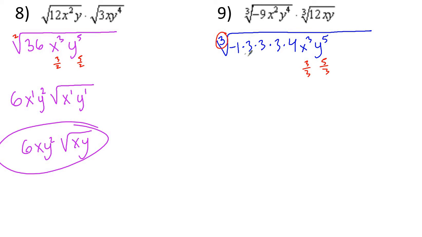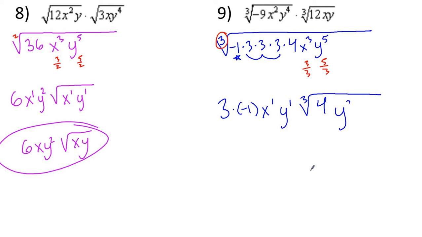We can take out 3 3's. We can take out the negative 1, and we can leave the 4 behind. Now for the x's, 3 can go into 3 one time. For the y's, 3 can go into 5 one time with 2 left over. So your answer is negative 3xy cube root of 4y squared.